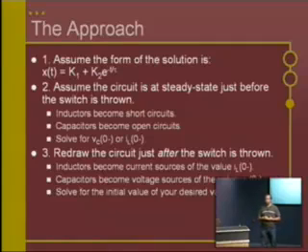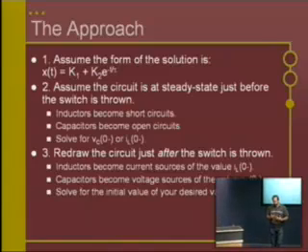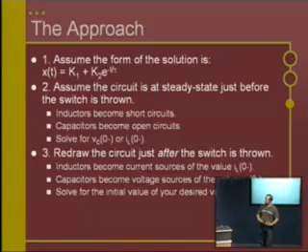And then we're going to solve for a parameter revolving around that storage element. That's going to be either the voltage across the capacitor or the current through the inductor. The reason we do that, going again back to chapter 6, is that we found the voltage across the capacitor cannot change instantaneously, or else the derivative would have a value of infinity, and that would in general be a bad thing.